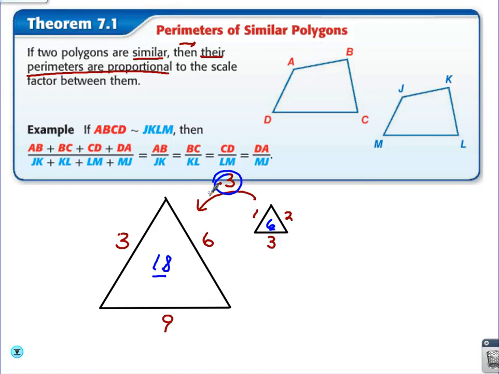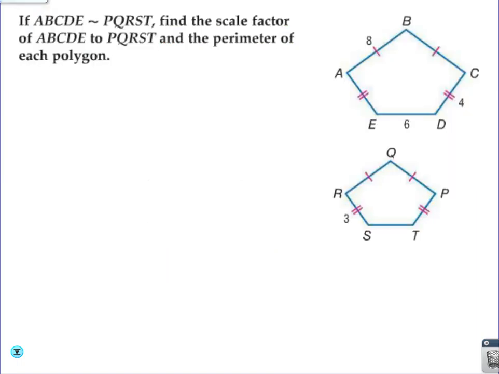Okay? With that said, let's work a problem. Says these two shapes are similar. So that means that their side lengths have a scale factor. Some scale factor exists. Let's see if we can find out what that scale factor is. RS is the same thing. This is 3 also.